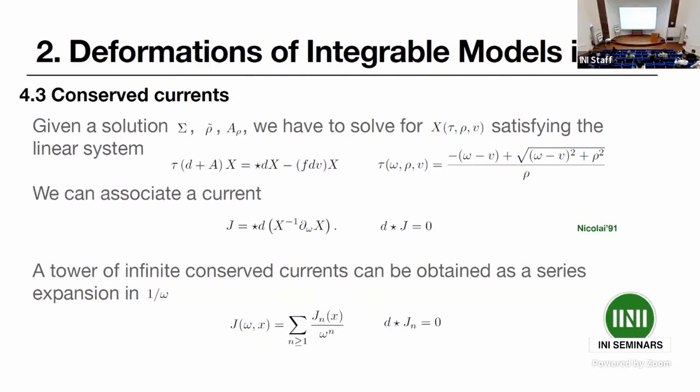And then you can take a power series expansion in 1 over the complex parameter omega, and what you get is this infinite series of currents that are subject to this conservation law. So the lesson to take from here is that, now that we have introduced a deformation, we have to look for a solution in order to check that indeed we have the conserved currents, right?